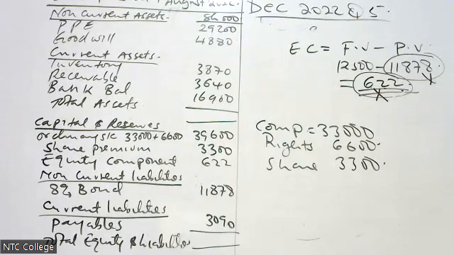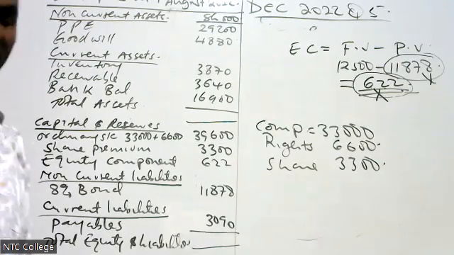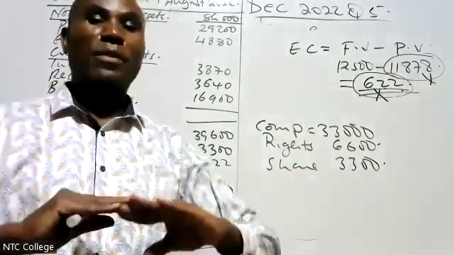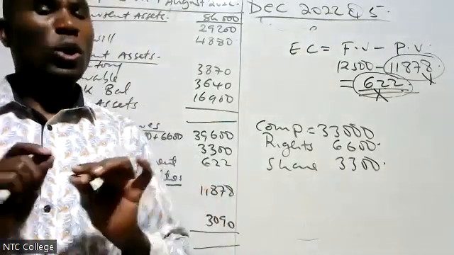Mwalimu, under ordinary shares, you've stated that you have a total of the 33 that we got. The rights issue is 66, and I'm also seeing you've separated share premium. Yes. And remember, when you have shares at a premium, anything above the par value, you don't mix.